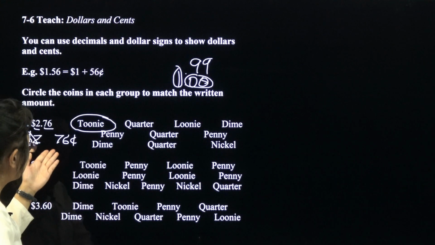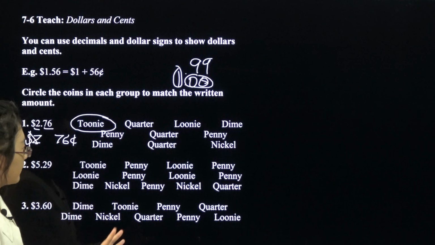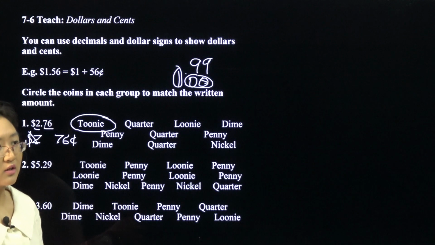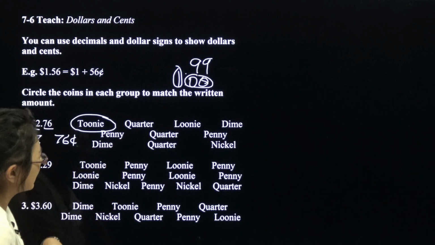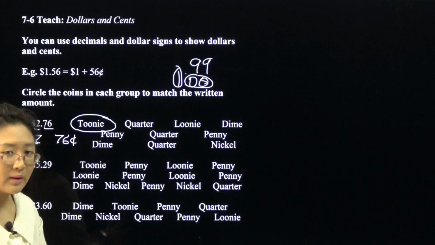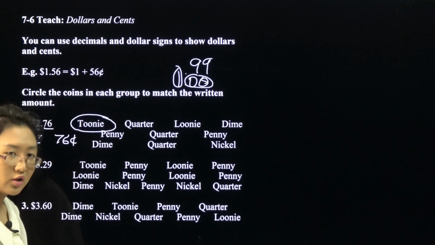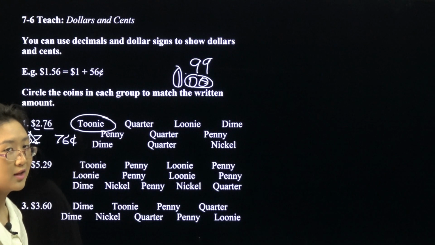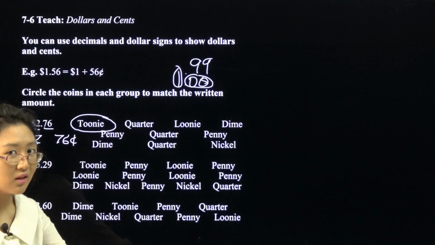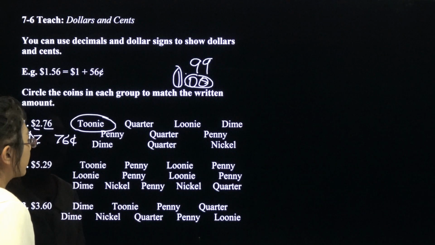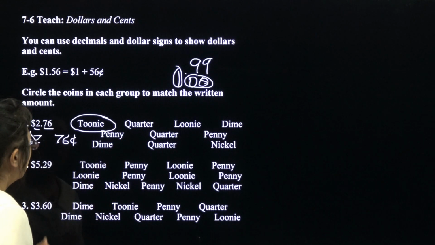What about the 76 cents? Okay, so first, what's the next biggest coin that we have? A loonie. Well, a loonie is a little bit too much because you see, a loonie is an entire dollar. 76 cents is less than 100 cents, which means that it's less than $1 because 100 cents is the same thing as $1. So we can't use a loonie.